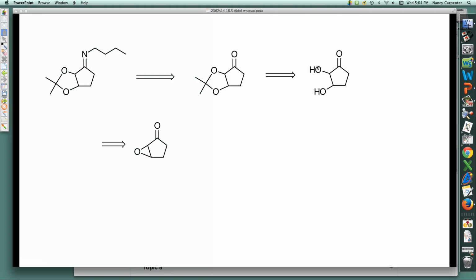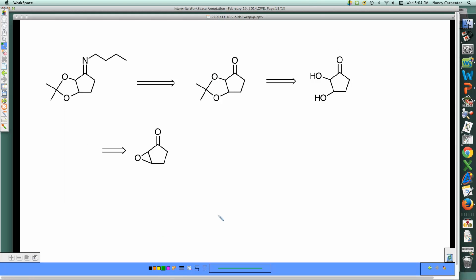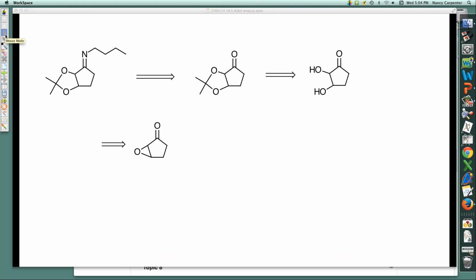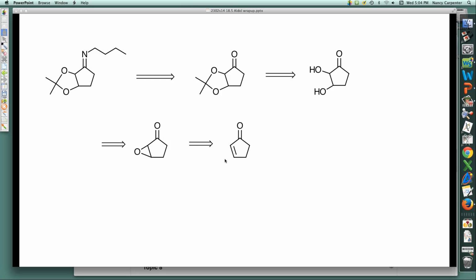I know how to make a diol because it's got that 1,2 relationship. That probably came from an alkene or, oh yeah, sure, I know. If I add hydroxide nucleophile to the electrophile, I'll get the diol. And how do I make an epoxide? Well, I know how to make an epoxide. I make an epoxide from the alkene.